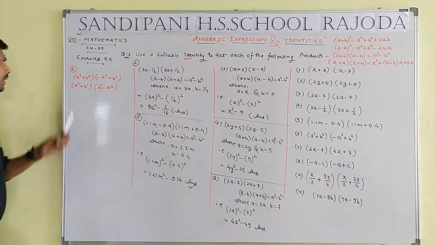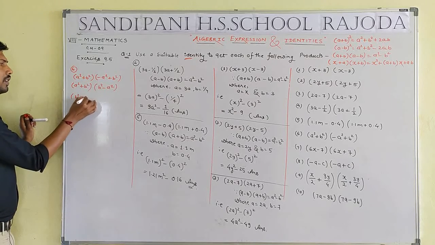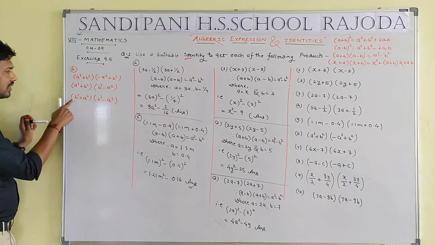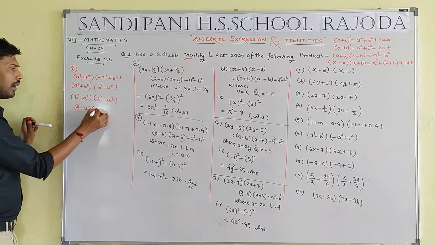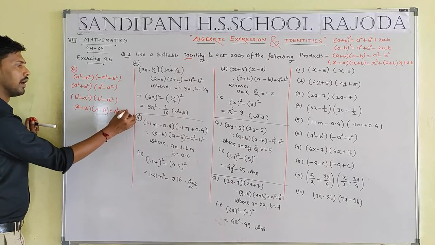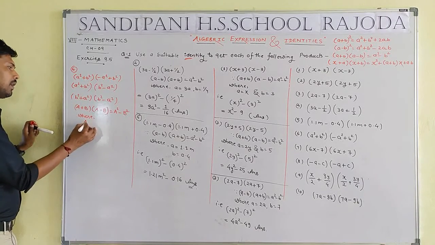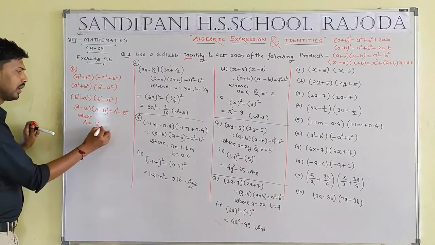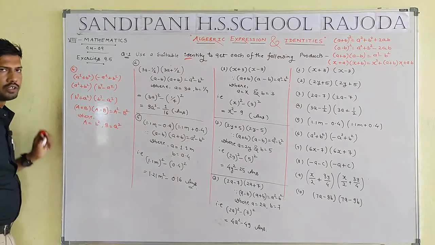Here we arrange one more time: b square plus a square, b square minus a square, so that you can see it properly. A plus b and a minus b will be equal to a square minus b square, where capital A will be equal to small b square and capital B will be equal to small a square.